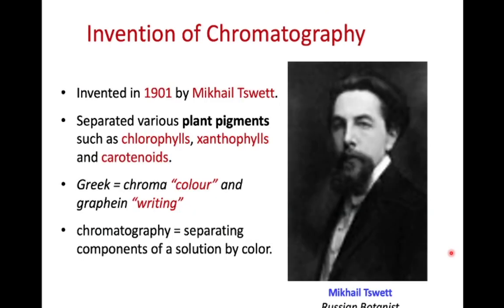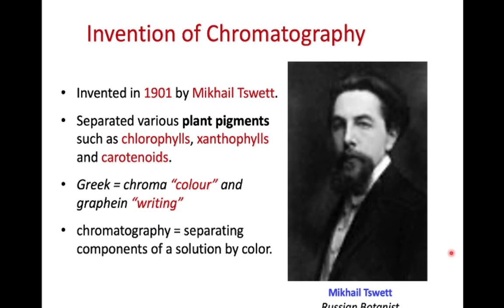So the invention of chromatography was in 1901 by Michael Tswett. And what he did was he separated various plant pigments. So you would have done this experiment possibly, or you know about this experiment. He separated plant pigments such as chlorophyll, xanthophylls, and carotenoids.